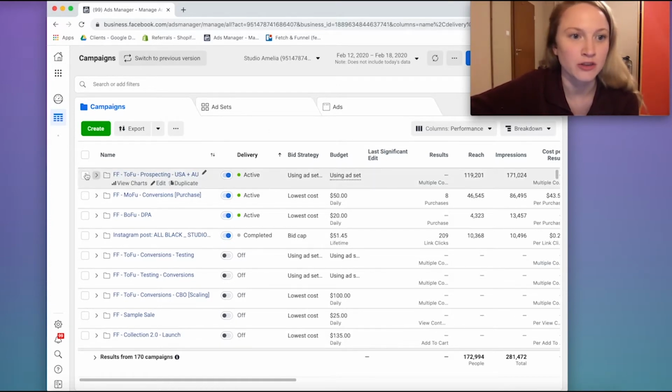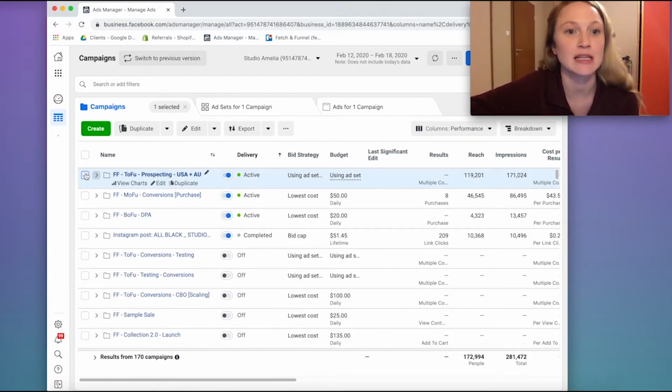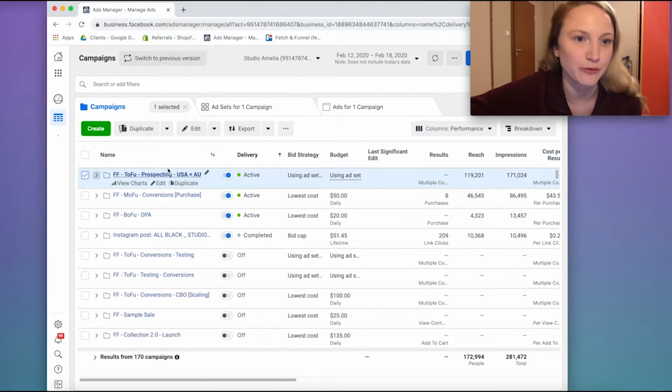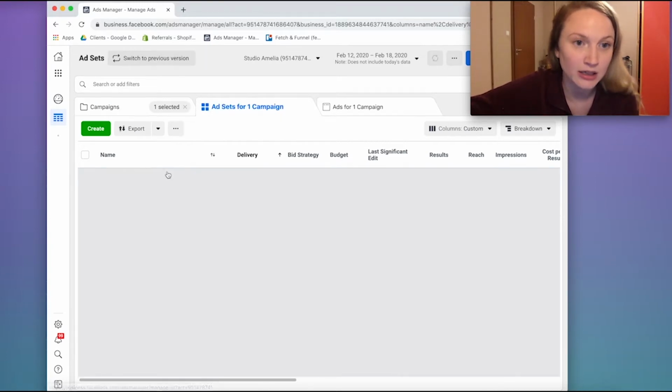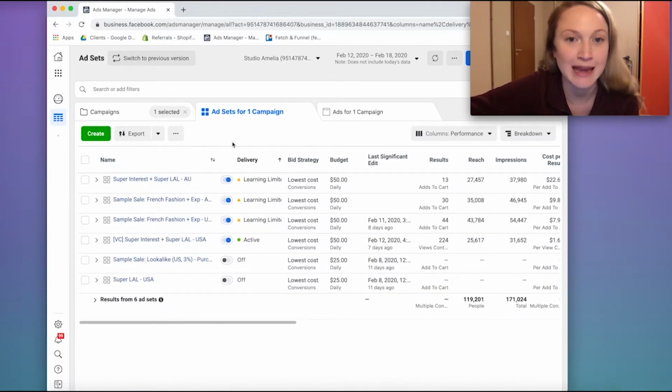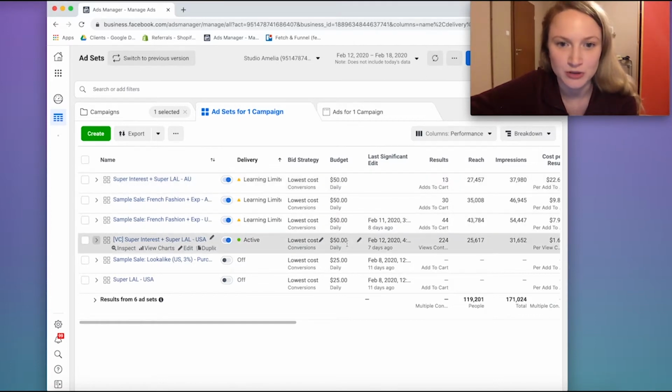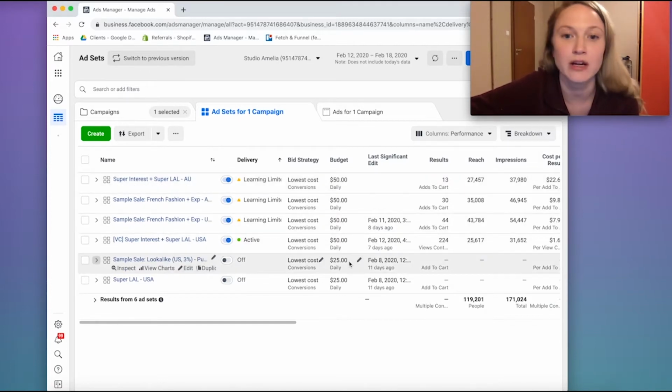First of all, this top campaign, FF Tofu Prospecting USA plus Australia, we look under the budget and we see using ad set, which means this is not CBO, my friends. Let's take a look inside of the campaign at the ad sets. We can see that the daily budget is set at the ad set level, $50 per day for most of them, $25 per day for this one that's off, so it doesn't matter.